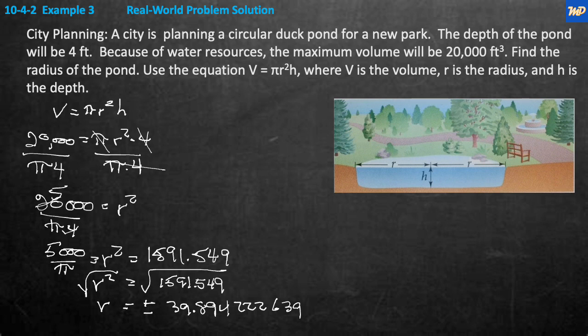I'm going to make it a little shorter. I'm going to say the radius is equal to 39.894222 feet. Okay, that's what the radius of this pond will be.